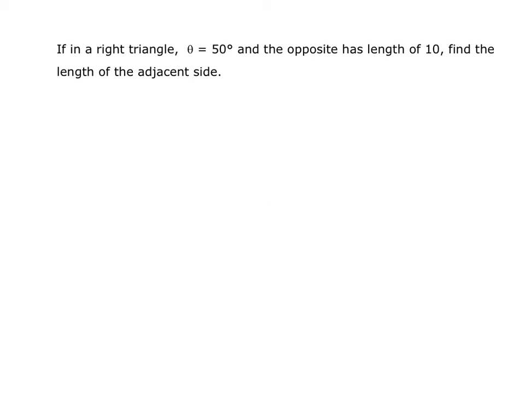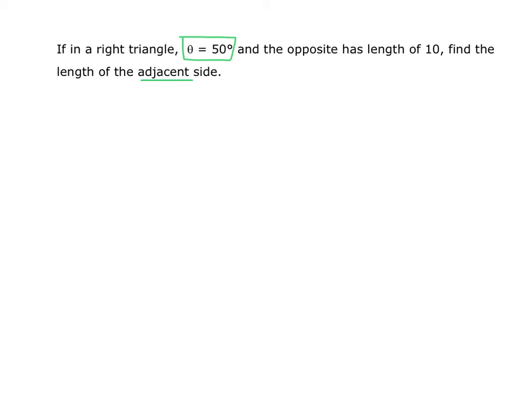In these next examples, we are actually given an angle measure for theta, which we haven't had before. All we've needed is sides of the triangle to evaluate the trig functions. So here we're given a right triangle. Theta, one of the acute angles, has a measure of 50 degrees. The opposite side has length of 10, and we want to find the length of the adjacent side.